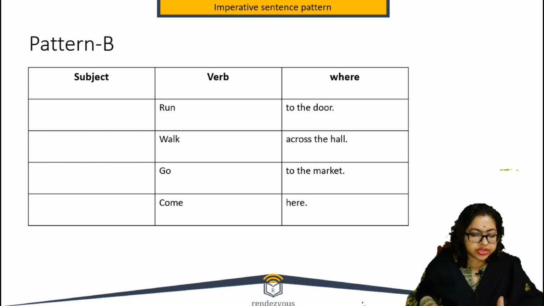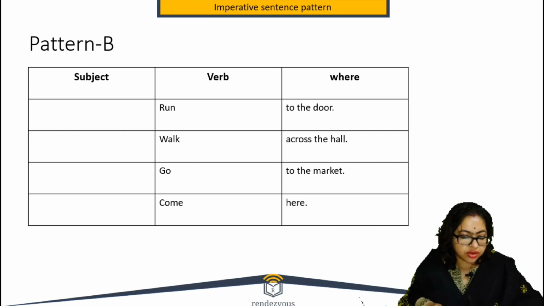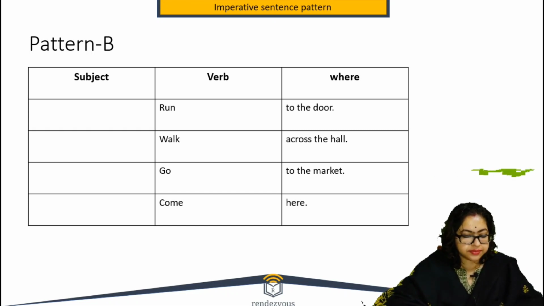Come here. So we can see after verb we have some group of words which directs the action where the action is taking place. So you can see after verb we have some group of words which expresses where or towards which place the action is taking place. Run to the door, walk across the hall, go to the market, come here, like this.